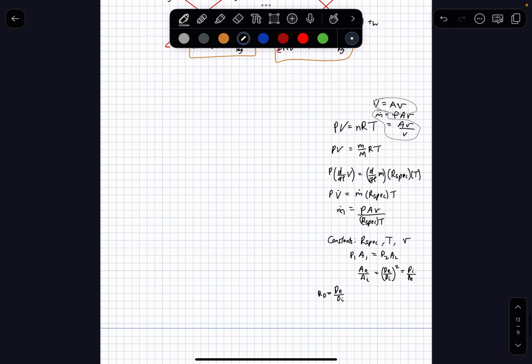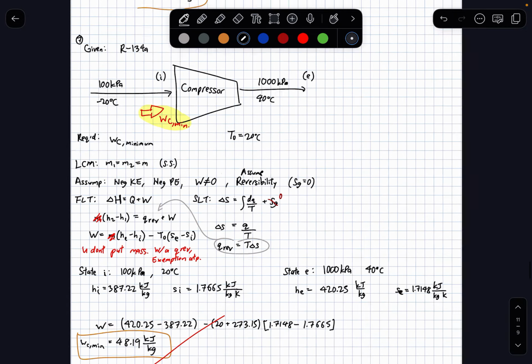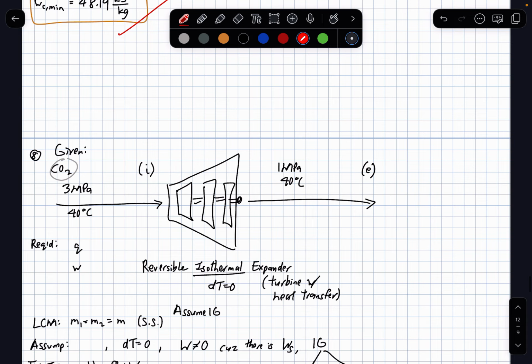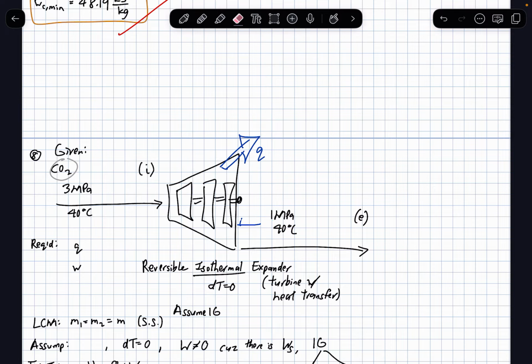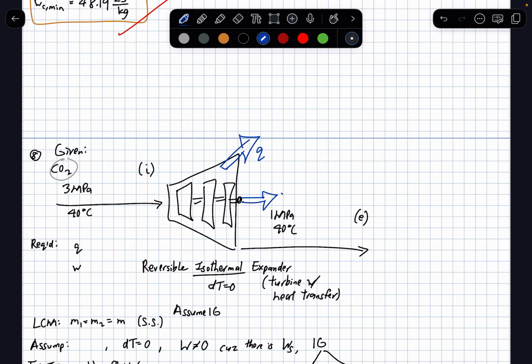Freaking intelligent, bro. Oh yeah, don't forget, in this kind of problem, yeah, sounds about right. Except that the exit state should be here. There you go. Don't forget about those as well.